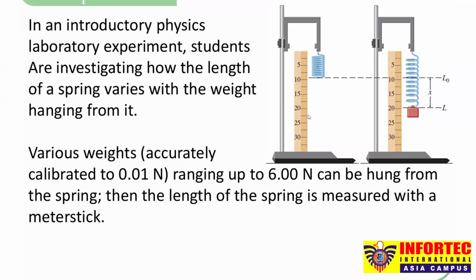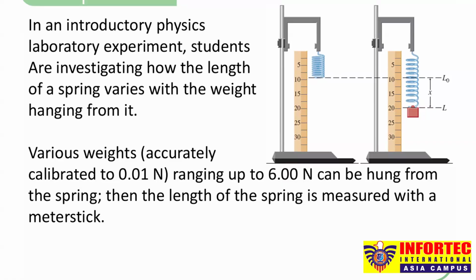You can see at the beginning of the experiment the spring is not stretched; it is in the equilibrium state. You can see the 10 centimeter mark, which is taken as L naught. Then after hanging the weight, we can vary the hanging mass.